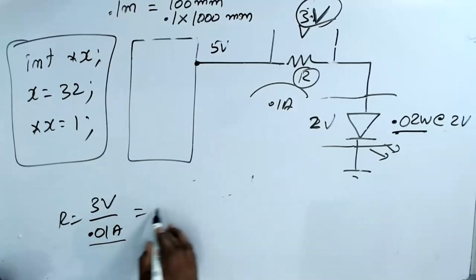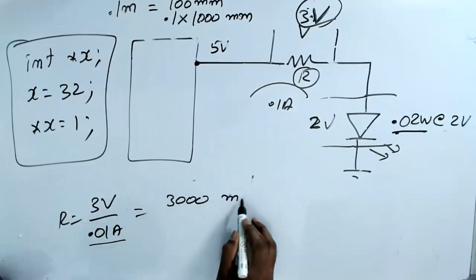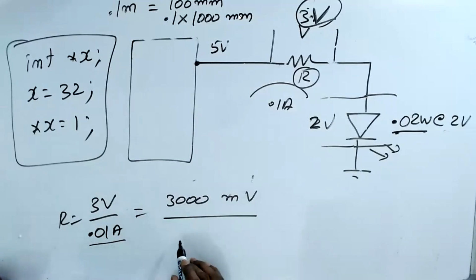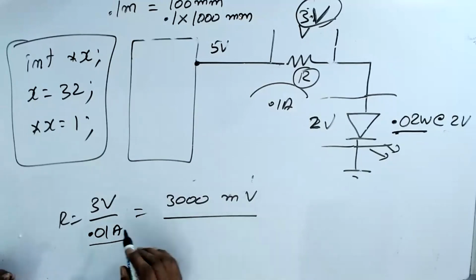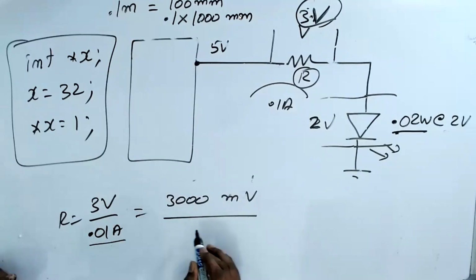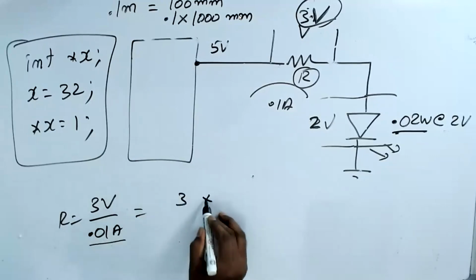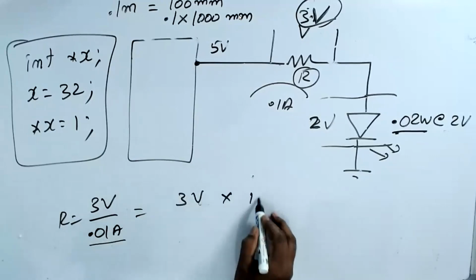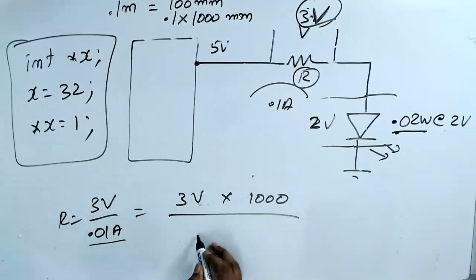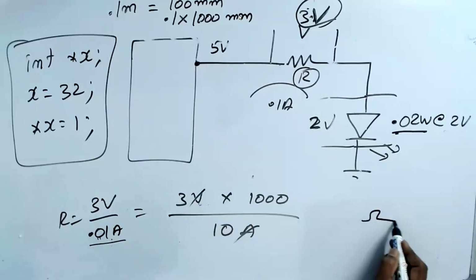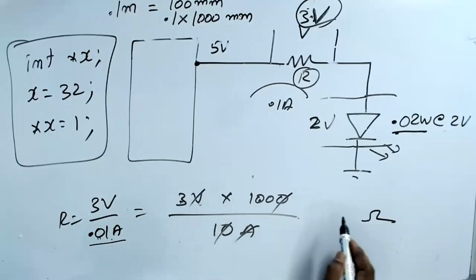This is equal to 3000 millivolt. 3 volts into 1000, multiply by 1000 also here. If you multiply with 1000, it will become 10. 10 amperes. The ampere and voltage become ohm. 0 goes. 3 into 100 is 300.